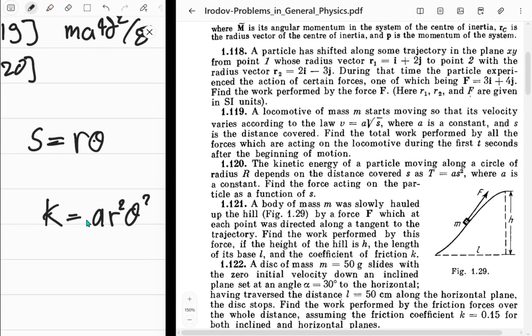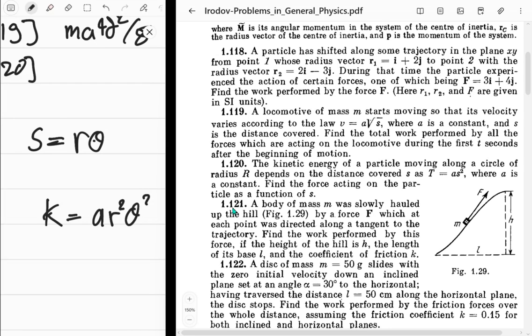I made a whole video on how to get curl in polar coordinates and cylindrical coordinates. In this particular case we are still going to do the same thing. We just figure out what the tangential force is, or you could figure out what v squared upon r is. What really happens when this increases?